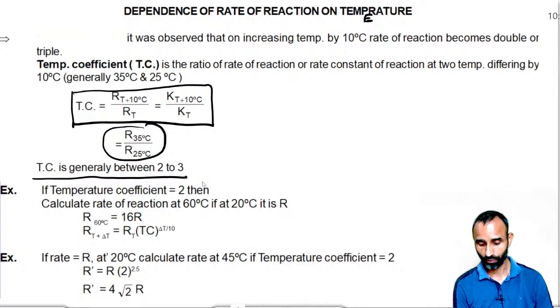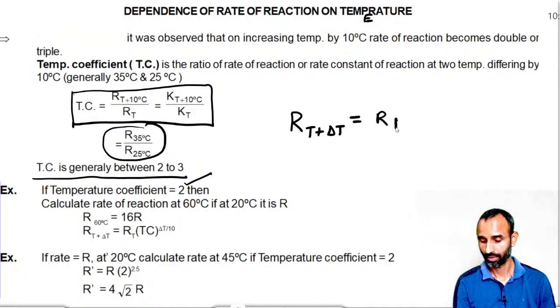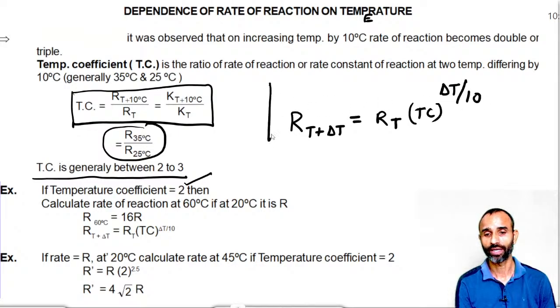So let us say temperature coefficient is 2, then the rate of reaction at temperature T plus delta T is equal to the temperature coefficient raised to power delta T by 10.